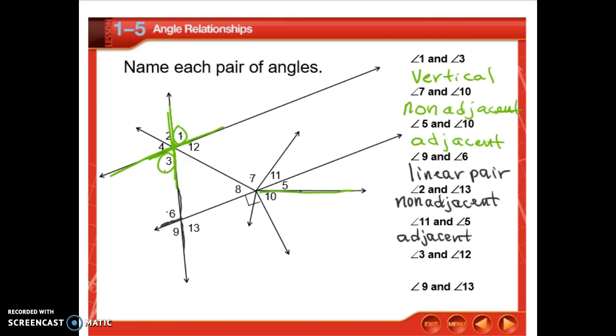Angle 3 and angle 12 are also non-adjacent. And then we have angle 9 and angle 13. Those are adjacent, but they're also a linear pair, because they share a side, but the other side is a straight line all the way through.